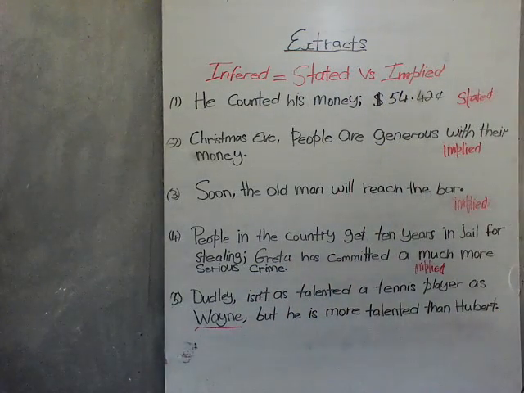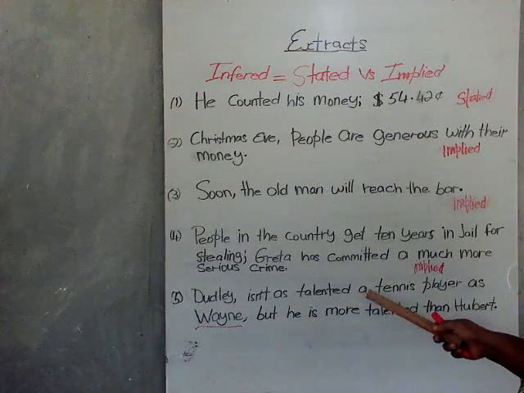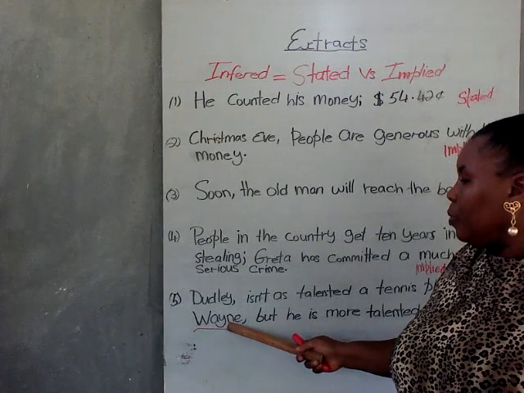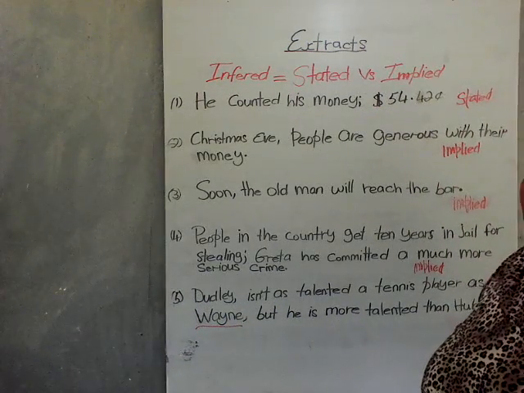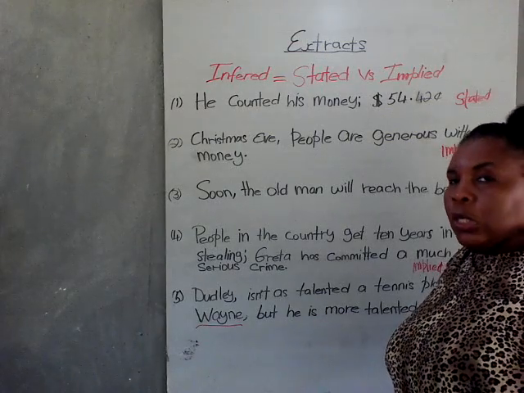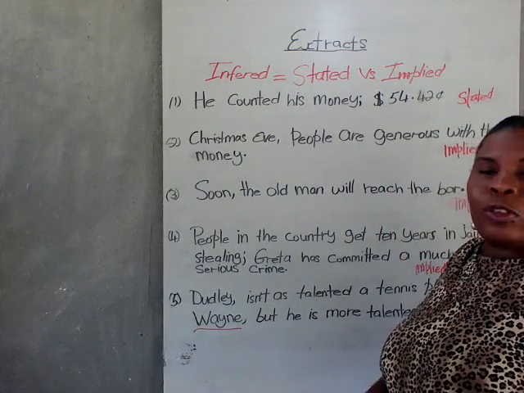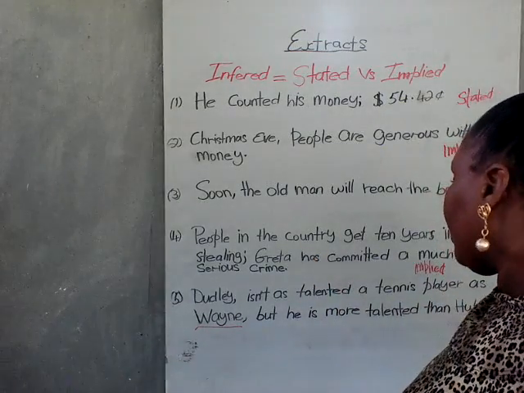Dudley isn't as talented a tennis player as Wayne. So he doesn't match up to Wayne. He's not as talented as Wayne. So he cannot play tennis as well as Wayne.